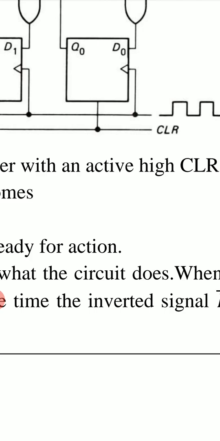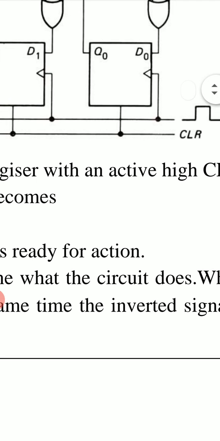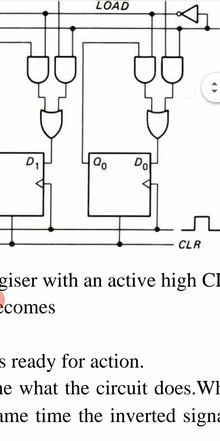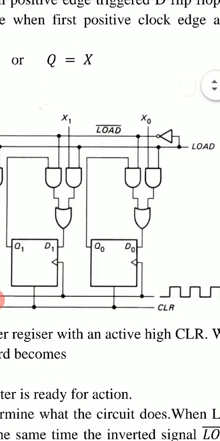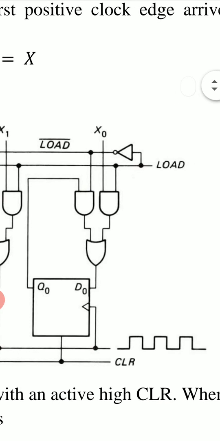When CLR goes high, output will be 0, 0, 0, 0. And when CLR goes low, now the circuit is ready to work. Look here, we have also added a control signal, load.